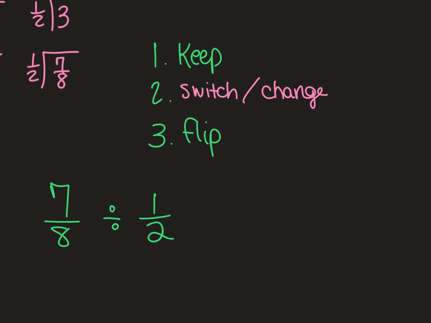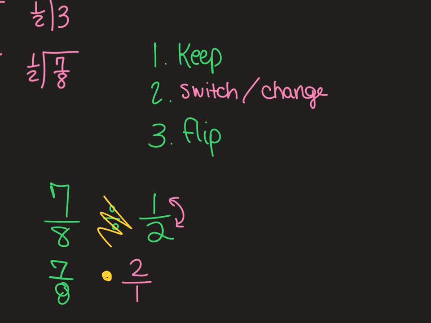So we're going to keep 7/8, 7/8. Nothing is different there. Then I'm going to change the division to a multiply problem. So it's not division anymore, it's multiply. Then I'm going to flip the 1/2. So instead of 1 being on the top, 1's on the bottom. And so 2 on the bottom, 2's on the top.